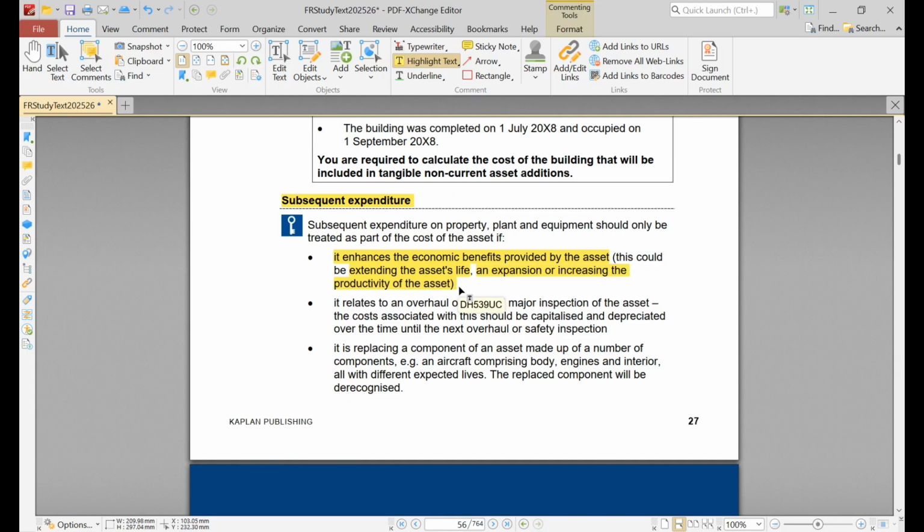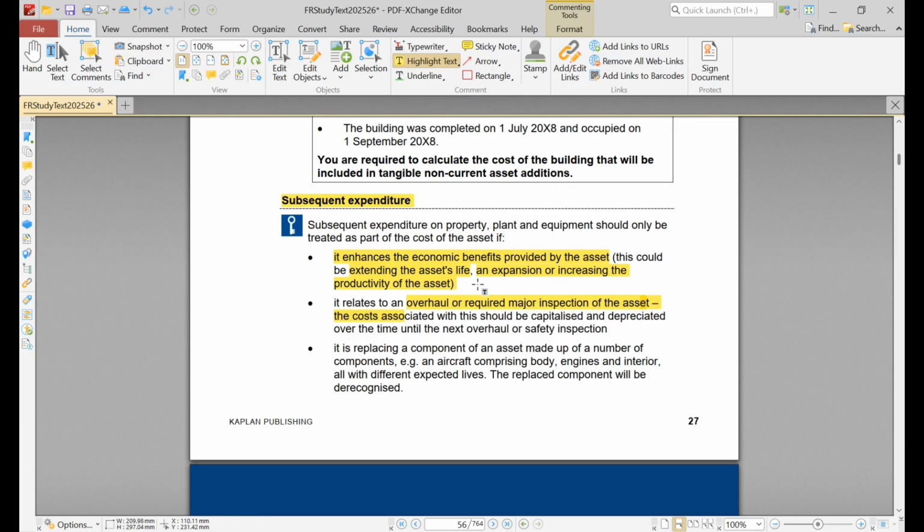As I mentioned, it should enhance the asset and provide more economic benefits. It also relates to an overhaul or required major inspection of the asset. Costs associated with this should be capitalized and depreciated over the time until the next overall safety inspection. The first point I've already explained, that it should enhance the productivity of the asset.